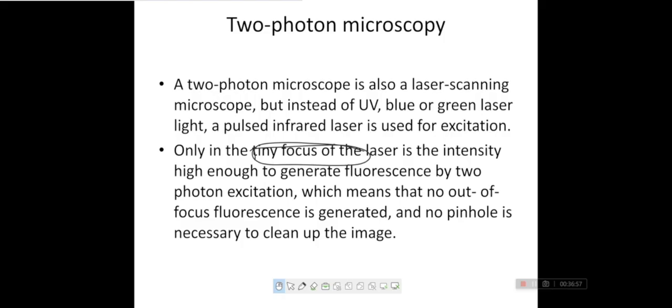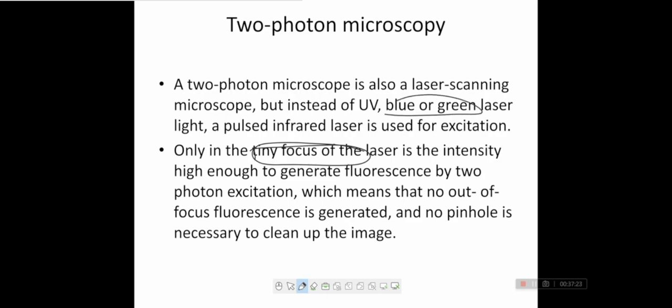Now, another type of microscopy is the two-photon microscope. Two-photon microscopy is also a laser scanning microscopy, but instead of ultraviolet, blue or green laser light, a pulsed infrared laser is used for excitation.